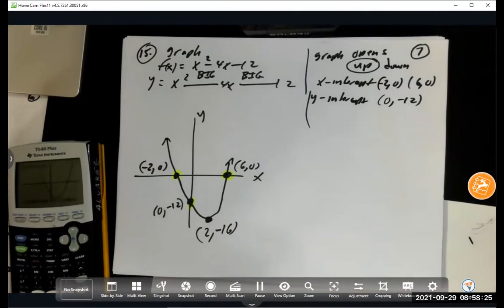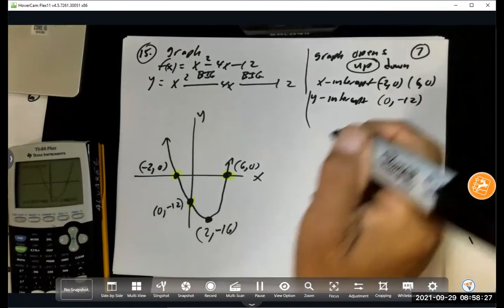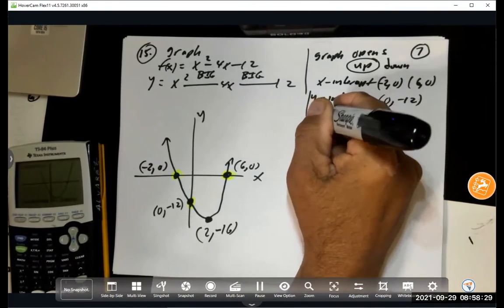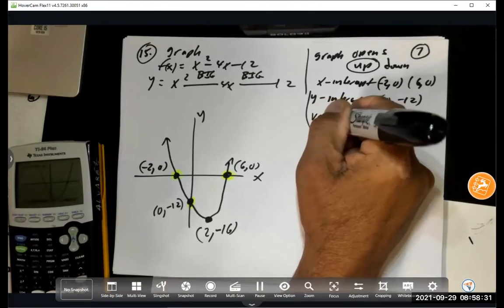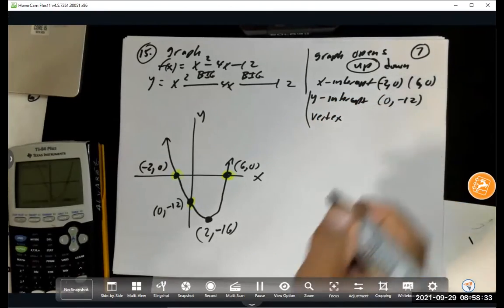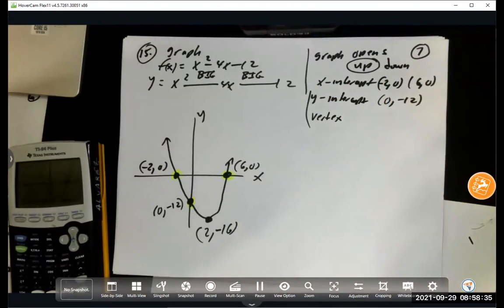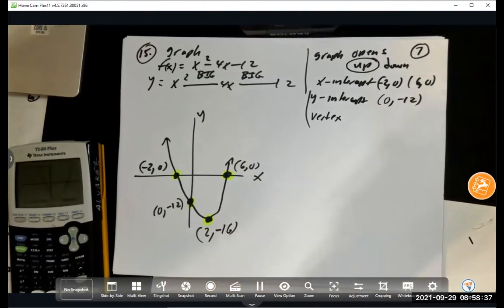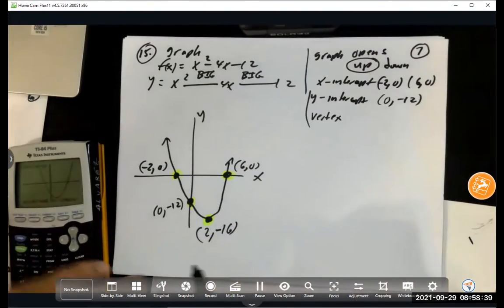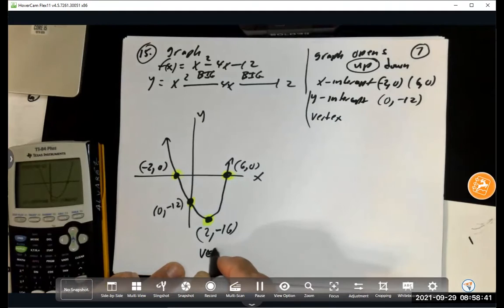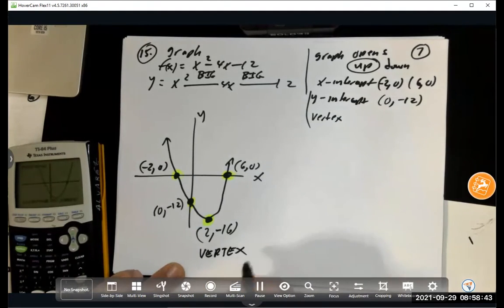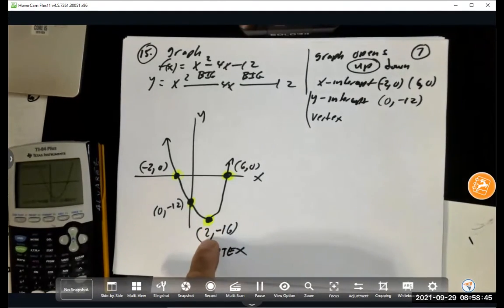And then the next thing I want you to know is the vertex of this thing. The vertex is the lowest point on the graph. Where's the lowest point on the graph? You think this is the lowest point of the graph right here? So this right here, this is my vertex. See it? So what number is that?